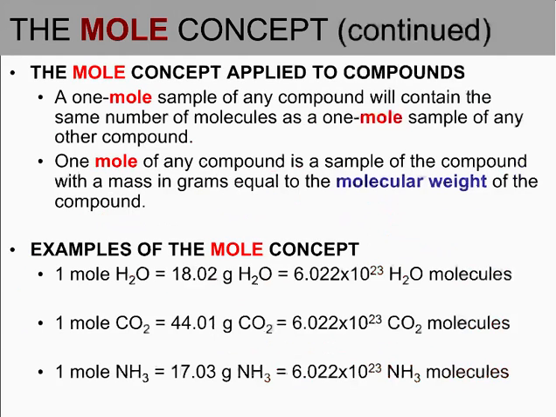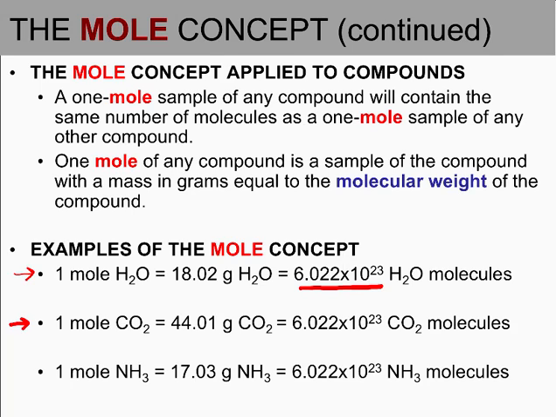Now we can also apply this concept to compounds. So again, a 1 mole sample of any compound will contain the same number of molecules as a 1 mole sample of any other compound. So down below we have 3 examples, and we can see that if we have 1 mole of water, that means that we have Avogadro's number of water molecules.